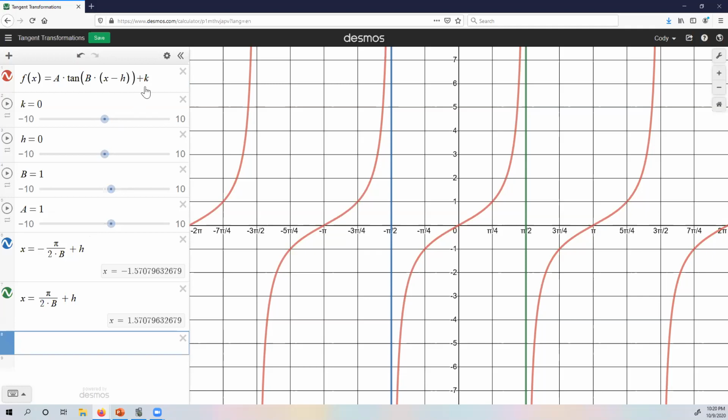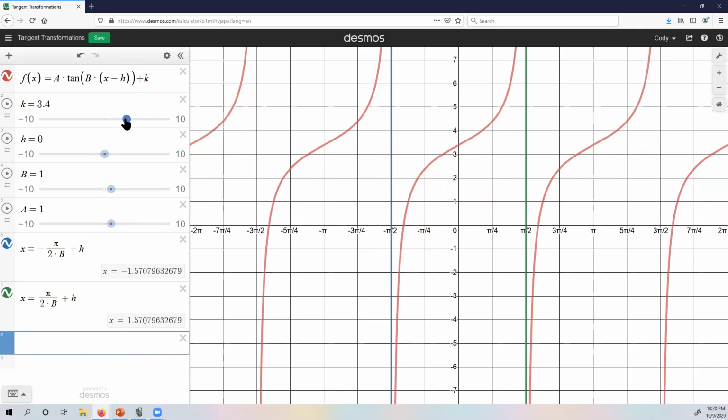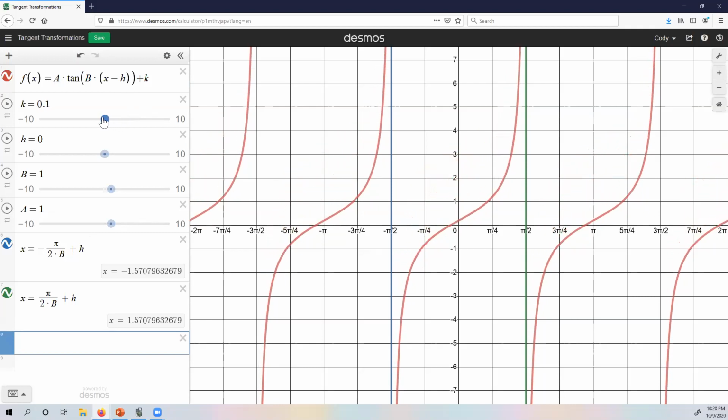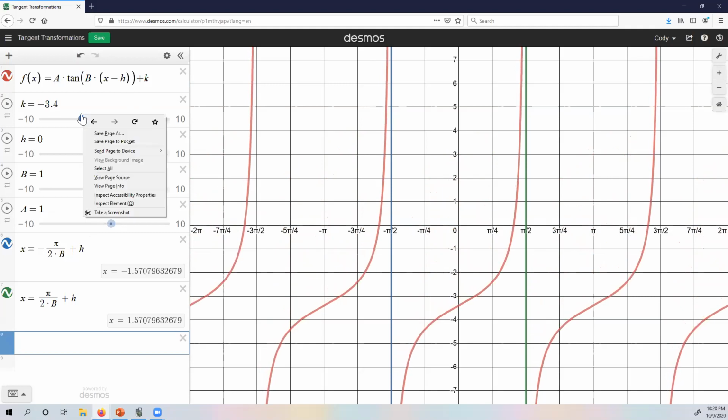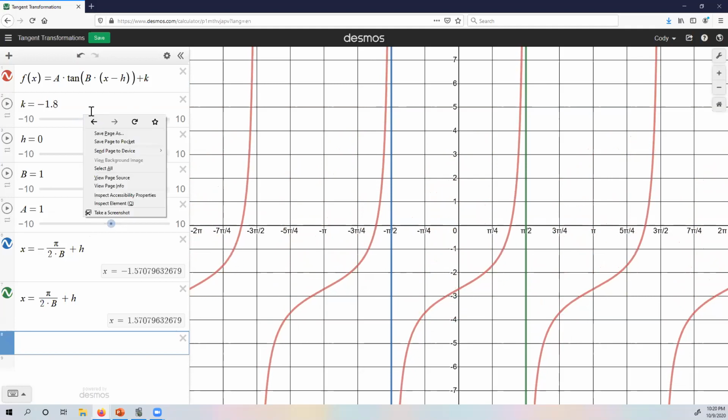So for example, if I change the value of k here, well, we know that on sine and cosine that changed the location of our midline. And we don't quite have the concept of a midline in a tangent function, but do notice that as I slide this, like I increase that value or decrease the value on all the pieces of the function, we see that it seems to be moving that center curve up and down, as we might expect.